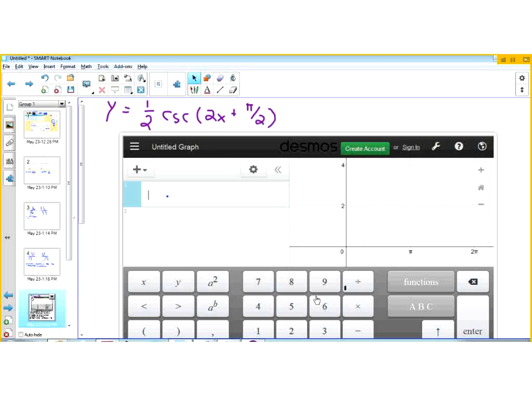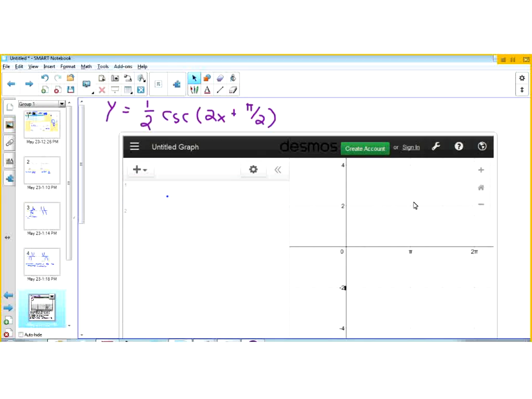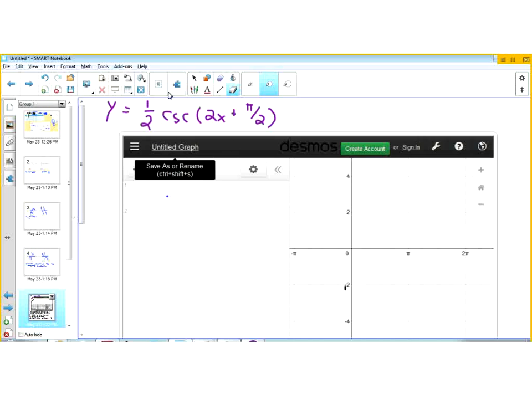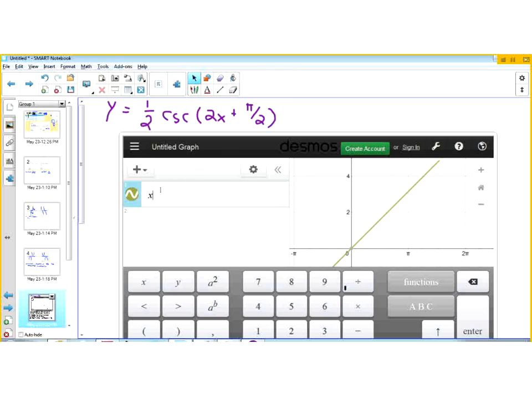Okay, so let's get rid of this. So we're graphing y equals 1/2 cosecant of 2x plus pi halves. Now, the period starts at negative pi fourth. So that would denote a vertical asymptote at x equals negative pi fourth. So let me sketch that.